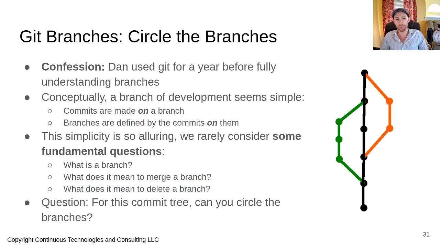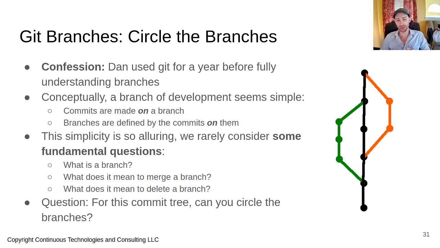So, for example, when you're first introduced to Git, people say commits are made on a branch, and a branch is defined by the commits on that branch. Because it appears to be so simple, we rarely consider some of the most basic fundamental questions about Git branches. For example, the question, what is a branch? Can you define it? If so, how would you? What does it mean to merge a branch or delete a branch?